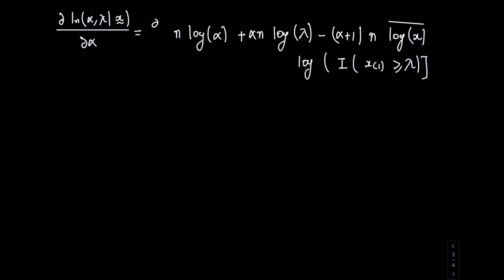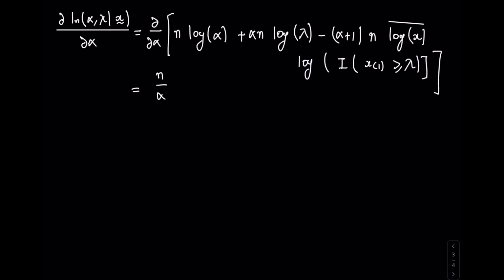Again, we're going to take the partial derivative of the entire log likelihood function with respect to alpha. For the first component here, n log alpha, we know that the derivative of log of a variable becomes 1 over that variable. So the first component is simply n on alpha.